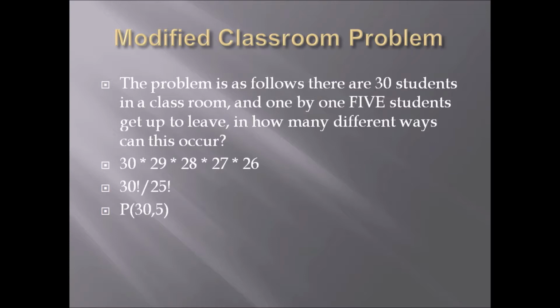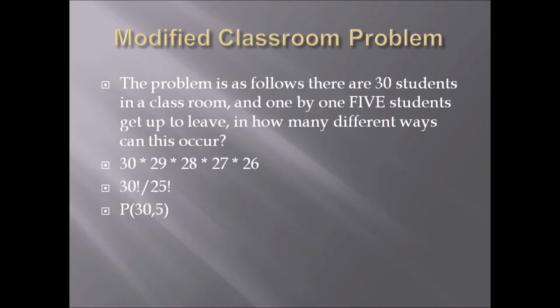You might see that this is related to factorials, and we could define that as 30 factorial over 25 factorial. I am going to shorthand this P(30,5). So you are having 30 objects, and you're doing a permutation of 5 of them.